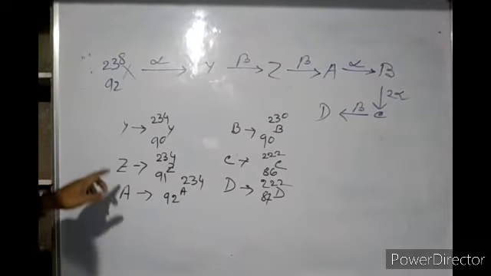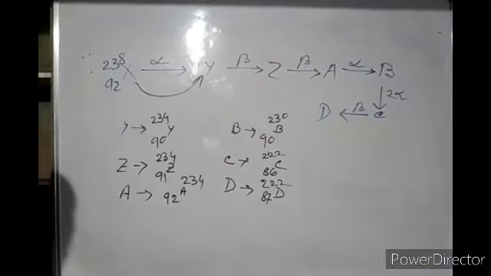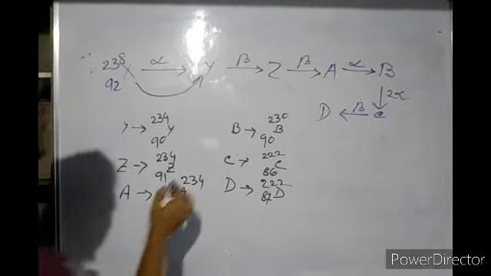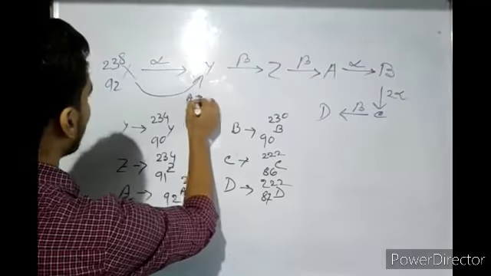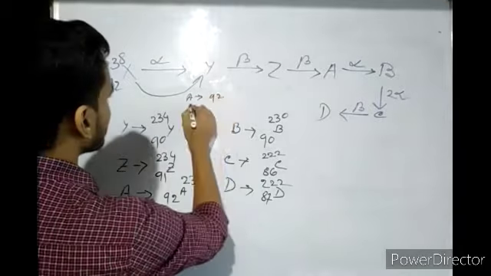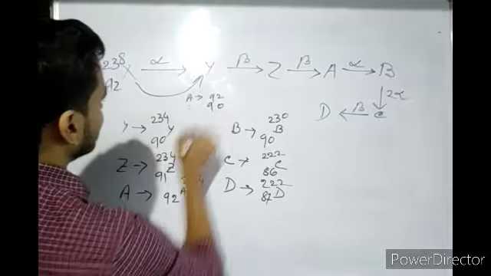Now, what is the relation between X and Y? In X, the proton number or atomic number is 92, and in case of Y, atomic number is 90.